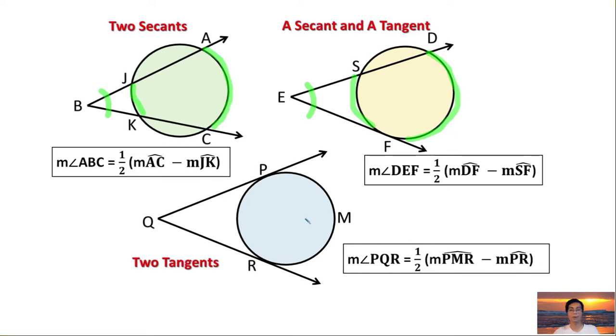Same case din po kapag dalawang tangents naman yung ibinigay. Ito po yung angle na nawawala, di ba? Angle PQR. So the measure of angle PQR equals 1/2 times the quantity, measure of arc PMR minus the measure of arc PR. So, pagmaminusin po yung mga intercepted arcs and then you get 1/2 of the difference.